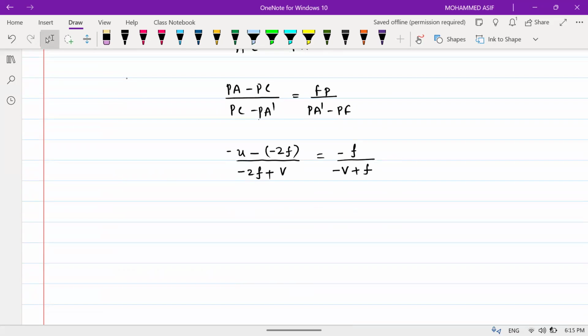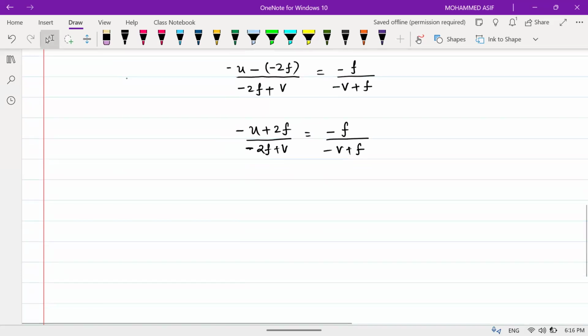Sure. You just simplify this one. How much am I getting? Minus u, minus of minus plus 2f, divided by minus 2f plus v, is equal to minus f divided by minus v plus f. Okay. If I cross multiply this relation, see how much I'm getting.